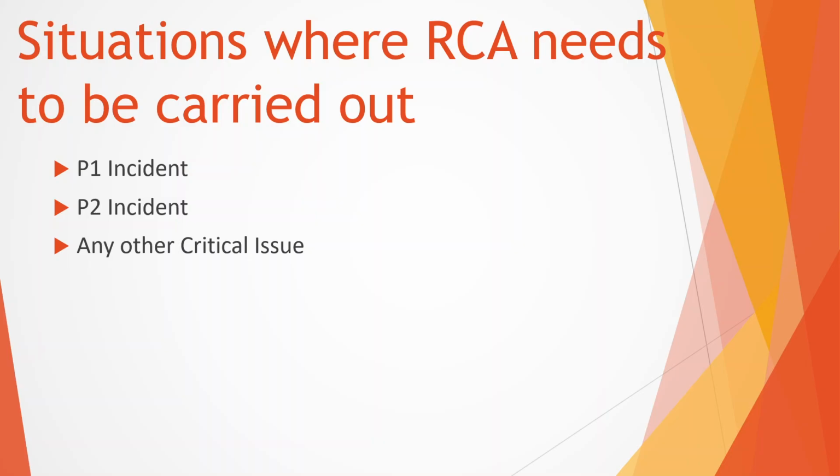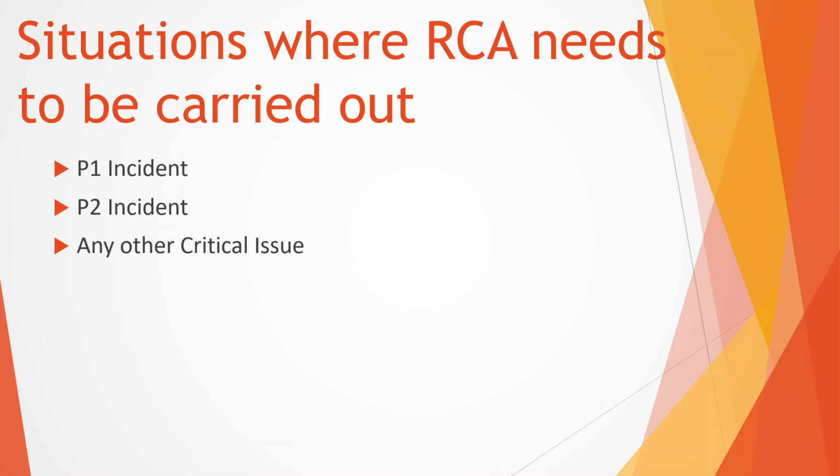Other than these two, if any other critical issue comes up which is hampering the overall system performance and impacting multiple users, or system performance is down, in that situation also the RCA needs to be prepared.